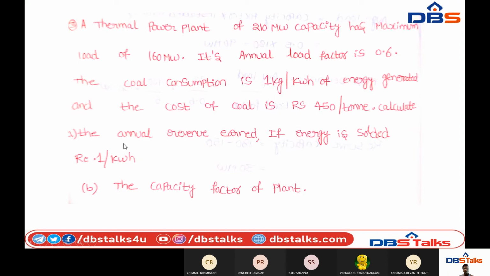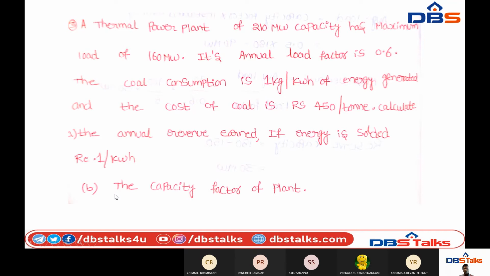And then calculate the annual revenue earned. That means in this problem, we have to find out the value of revenue earned. Revenue means profit. If energy is sold, nothing but selling, per kilowatt hour they are taking 1 rupee.